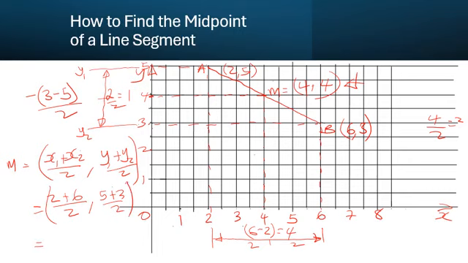So 2 plus 6, that's 8. 8 divided by 2, that's 4, comma. 5 plus 3, that's 8, divided by 2, that's 4. So that's our midpoint, 4, 4.